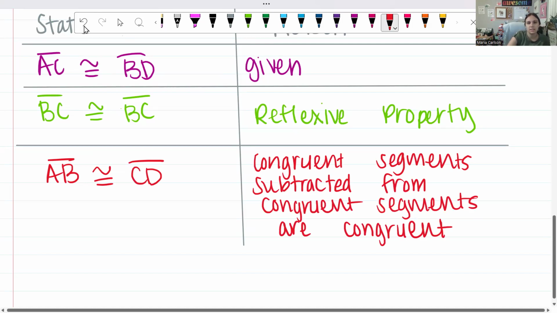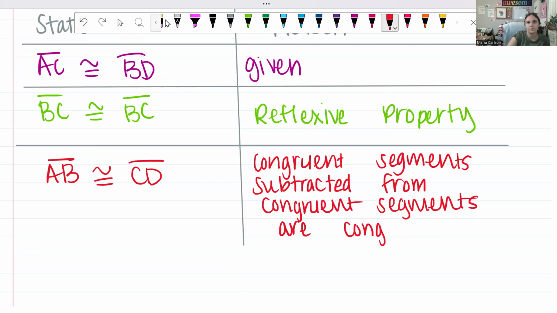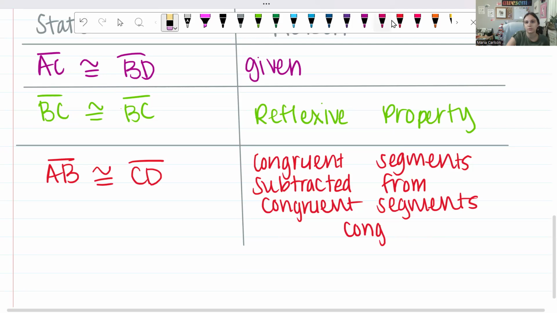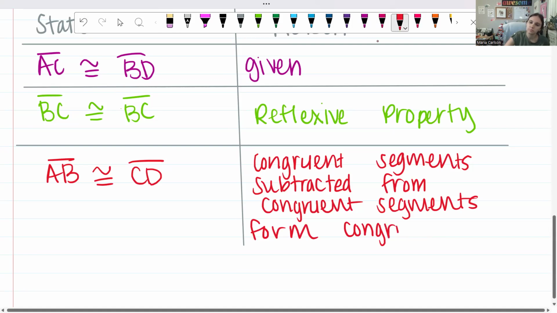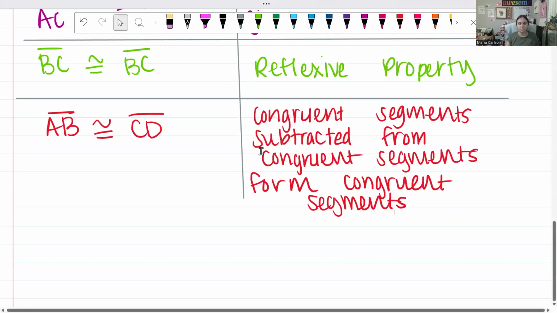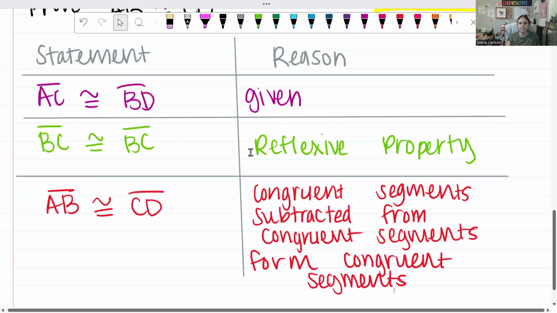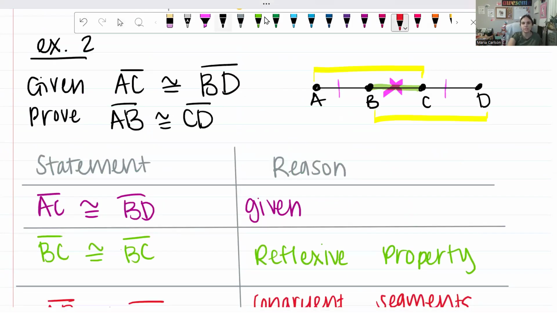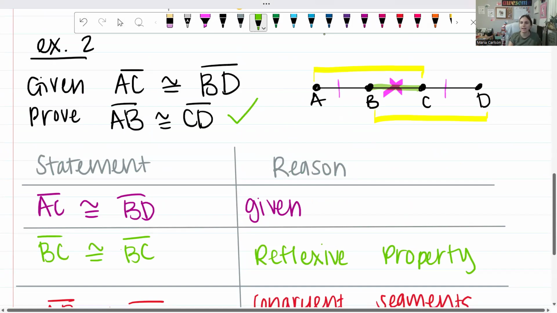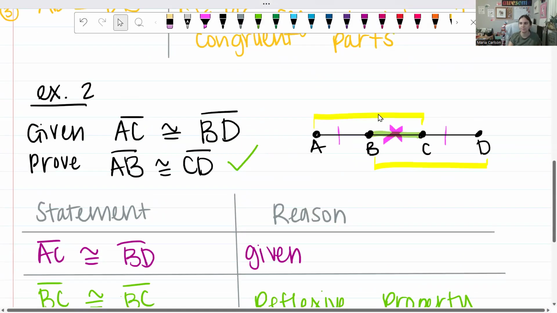Or, I might say form, I like that better, form congruent segments. Okay. So that's proven. We did it. Given AC is congruent to BD, then AB is congruent to CD.